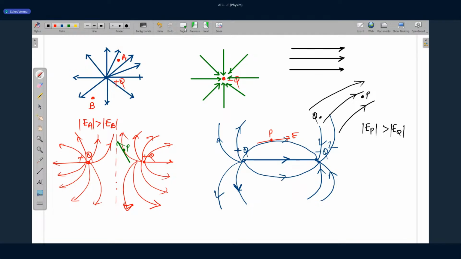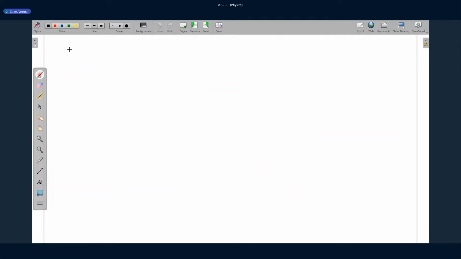And what are the electric field lines that can never exist? Field lines that cannot exist. Field lines cannot be circular. They should never be circular, so these will not exist. It cannot be like this also.